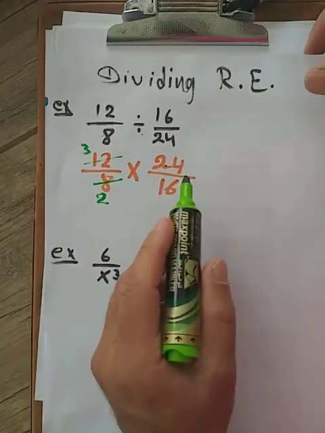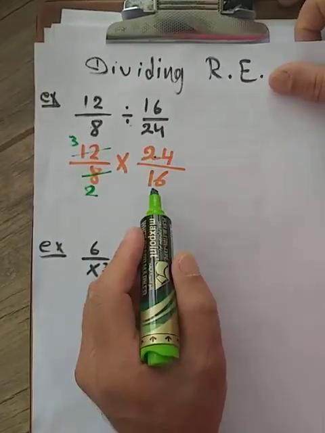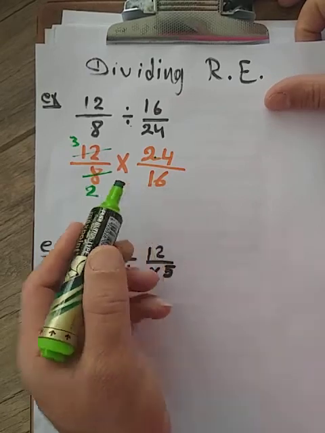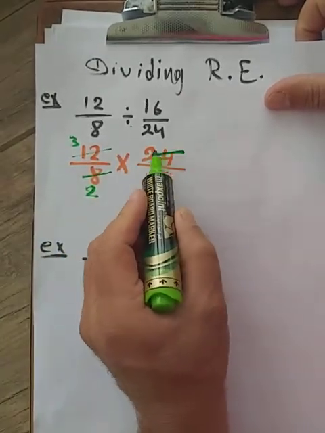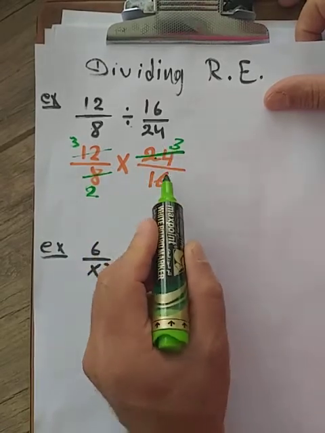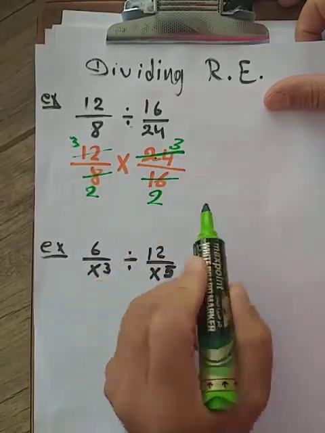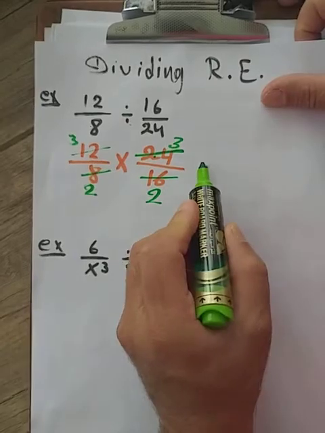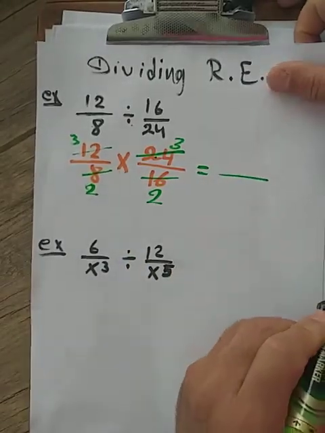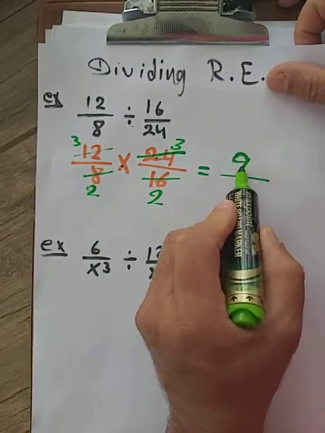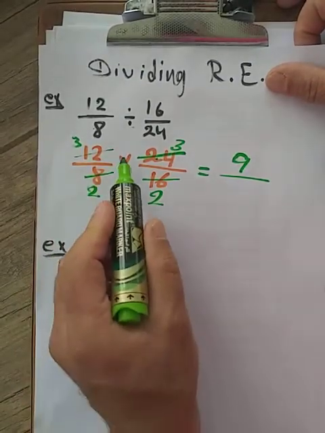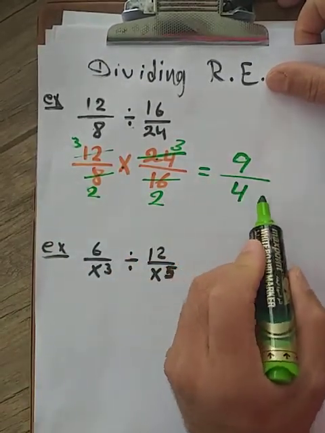24. Can you reduce 24 with 16? Yes. Or with 2? Yes. You can divide by 8, 3. By 8, 2. Now, what's the answer? 3 times 3, 9. 2 times 2, 4.